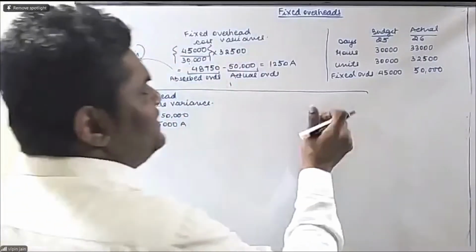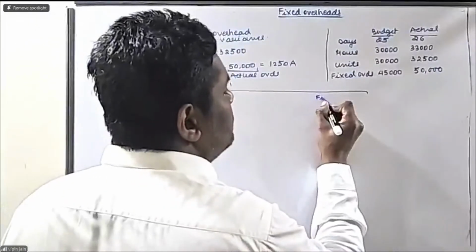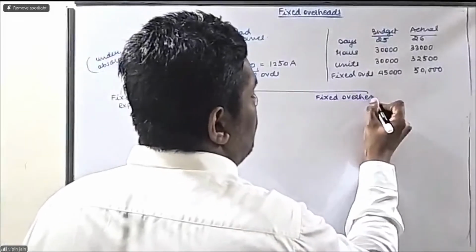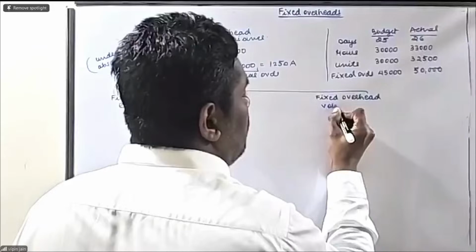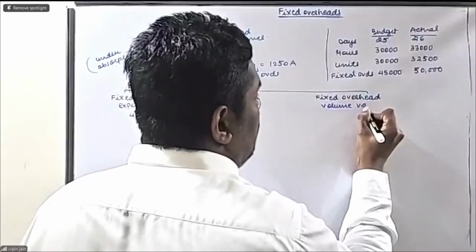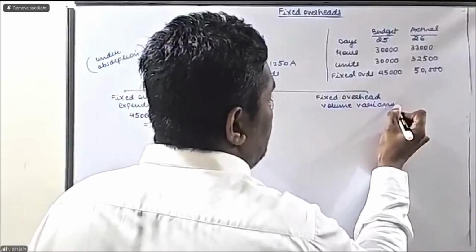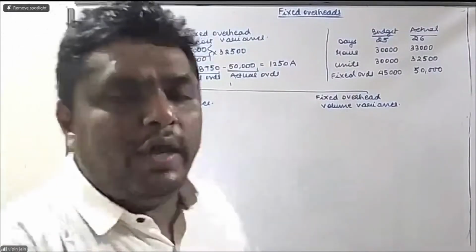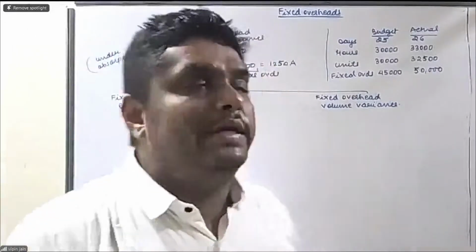Now, next is fixed overhead volume variance. So, when talking about volume, it talks about units.